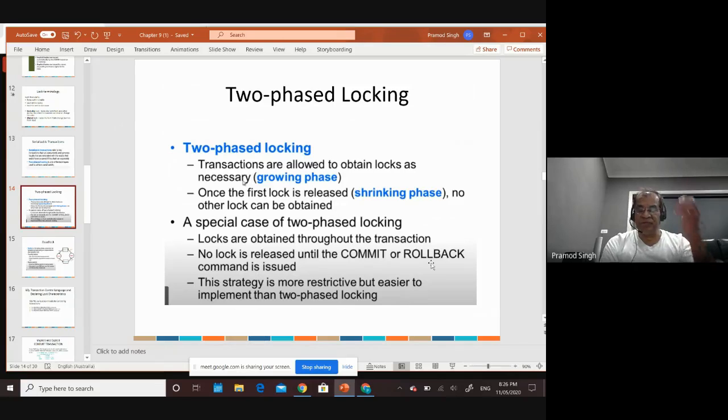So in the previous transaction T1 we saw record A was added $100. If T1 fails somehow, it has to go back and A should be recovered to the original number. So this strategy is very easy to implement, and that's why it's very popular. Two-phase locking is quite popular in database implementation.